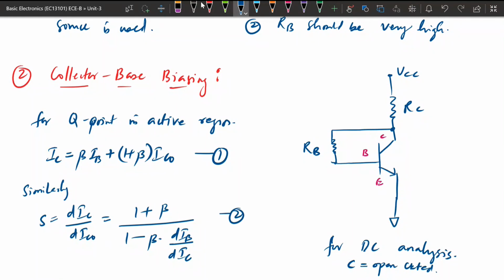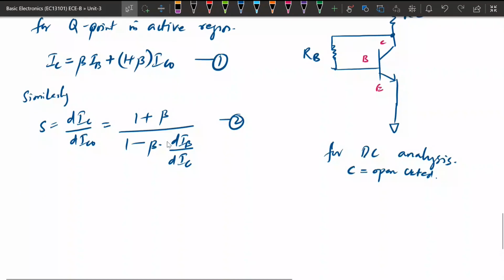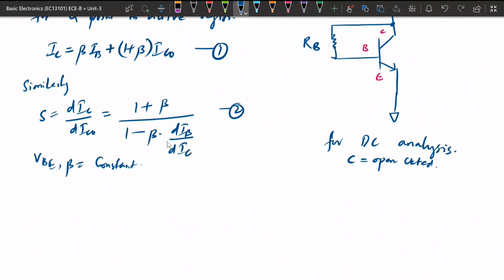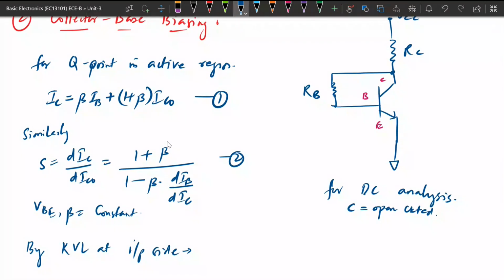Here we have considered VBE and beta as constant. So if we consider the KVL at the input side, let us look at the current directions.